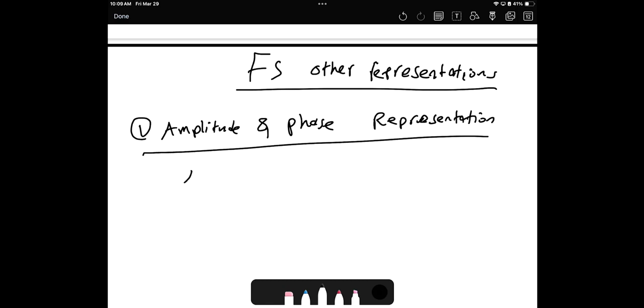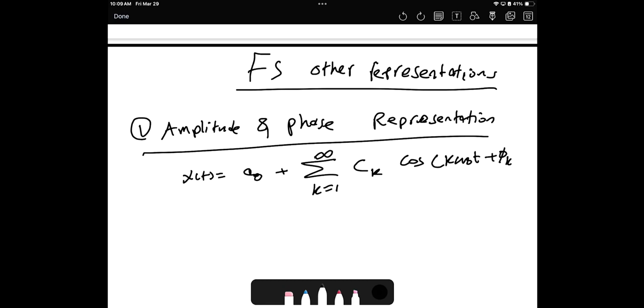Basically, x of t equals a0, the same as usual, which is the average value, plus the sum from k equals 1 to infinity. It's the same, but what's changing is inside the brackets: c sub k cosine of k omega naught t plus phi sub k.